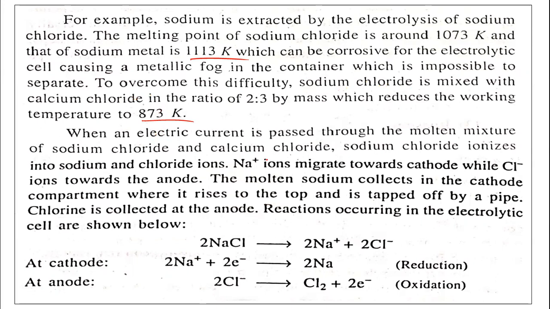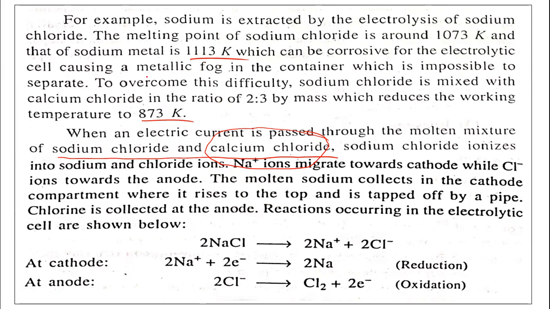Now, when electricity is passed through the molten mixture of sodium chloride and calcium chloride, first of all, we have to take the mixture of sodium chloride and calcium chloride. The function of the calcium chloride is only to lower the temperature. Because at a high temperature, around 1133 Kelvin, it is generally difficult.